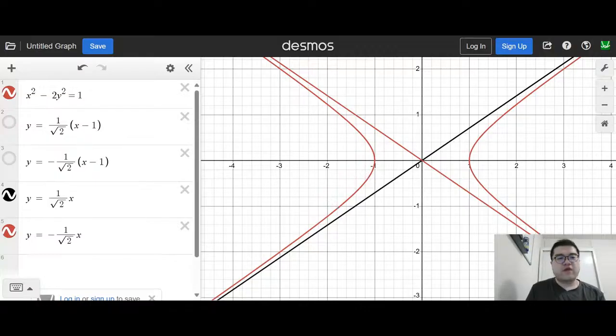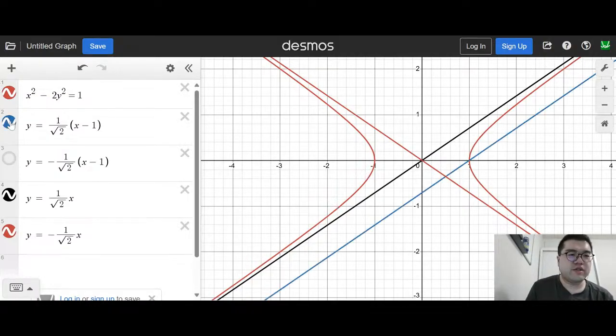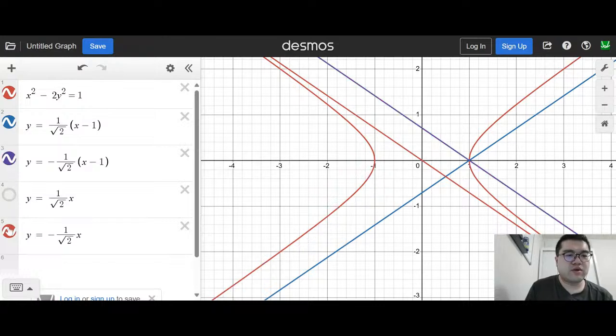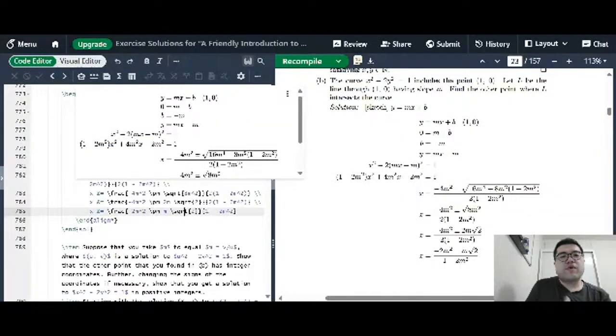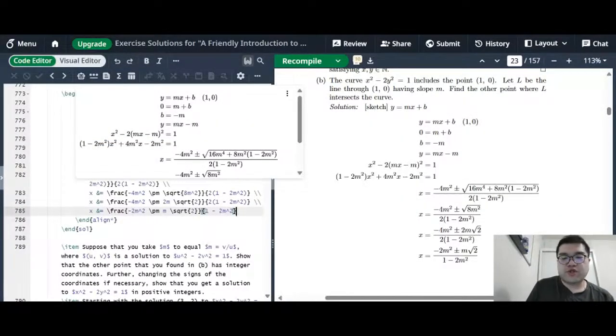Okay, and therefore, if we try to shift those linear equations 1 unit to the right to give us these two lines, we will not be able to get any point passing through the curve except the points that are already given here. Okay, and this is the reason why this expression actually makes sense.